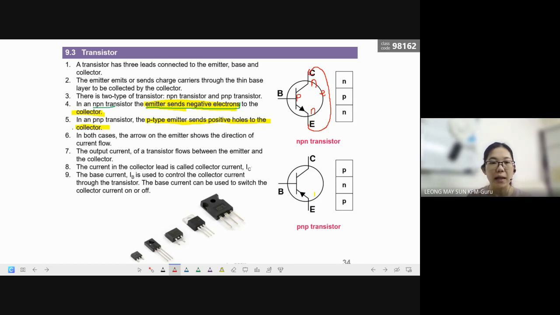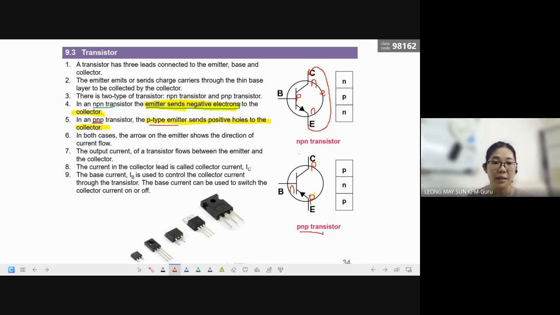For PNP, the arrow is pointing towards the base, which means the base is N-type, and the collector and emitter are P-type, hence the PNP transistor. The P-type emitter sends holes to the collector, empty holes towards the collector.